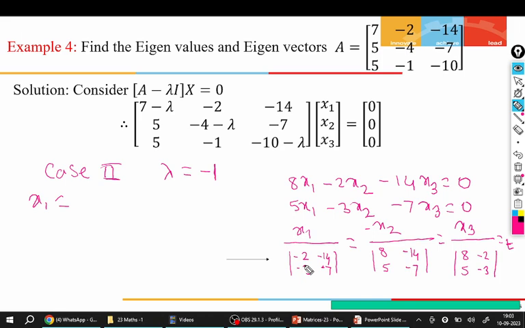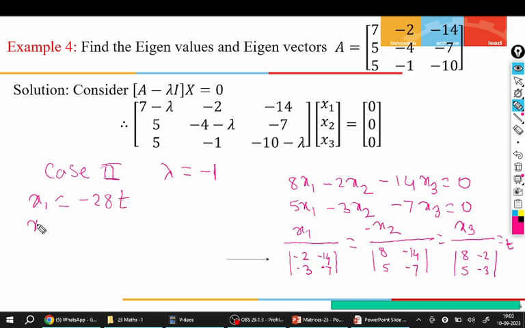This is plus 14, and 14 threes are 42, so that is -42, plus 14. So it is 28, but it is minus 28. So x1 is -28t.